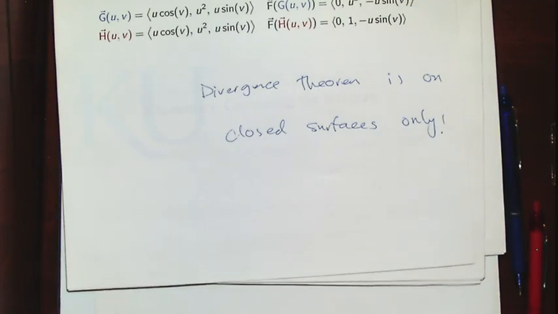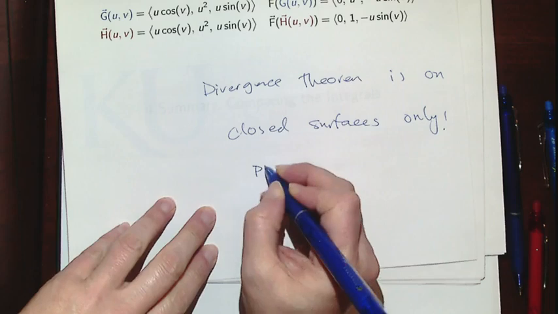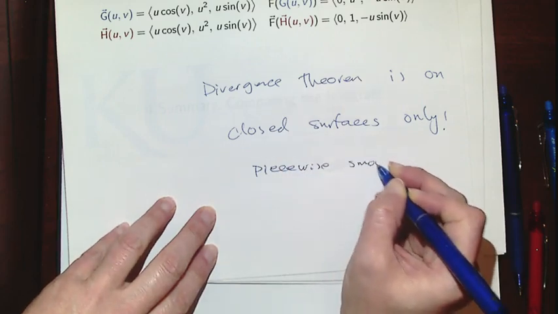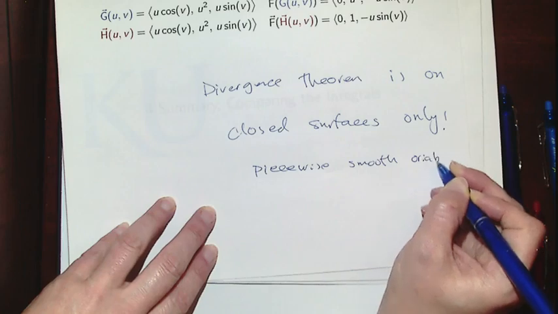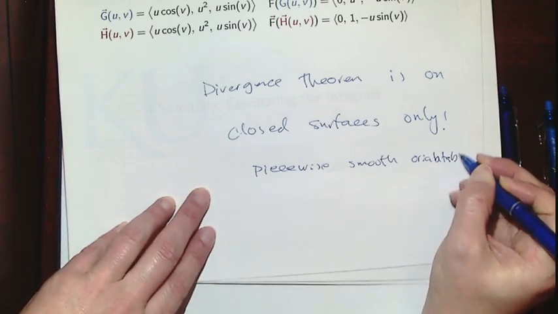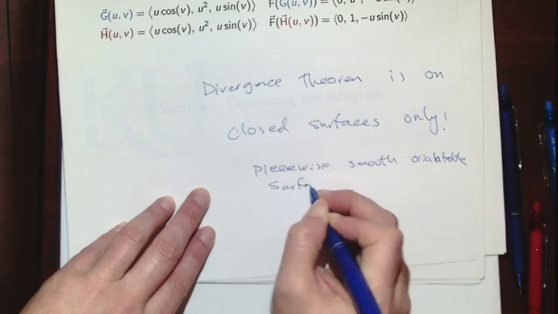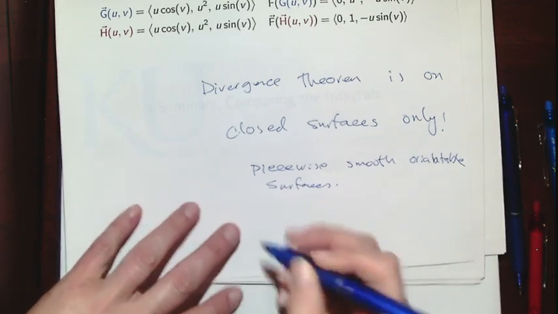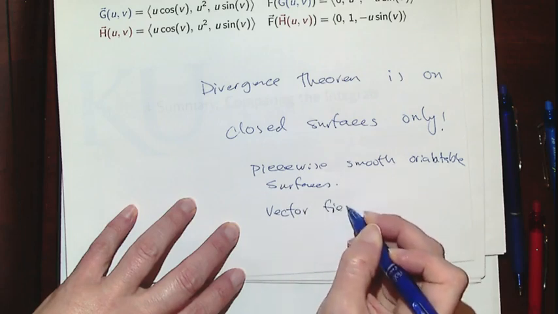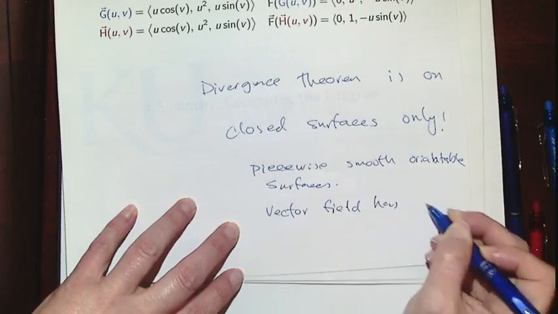Oh, the derivatives have to be continuous, and the surfaces have to be piecewise smooth, orientable surfaces, and the vector field has continuous derivative.